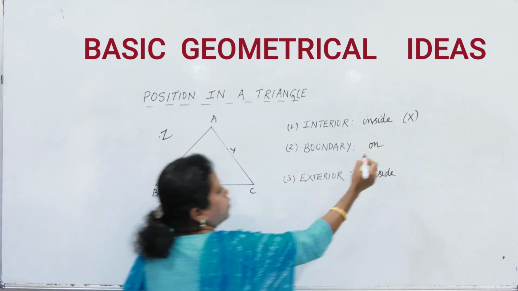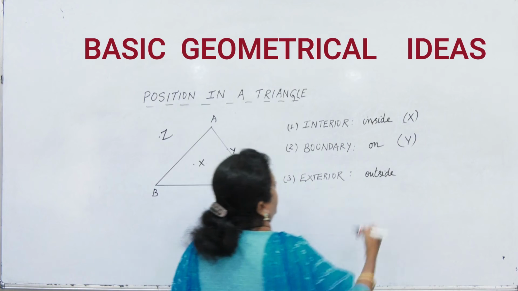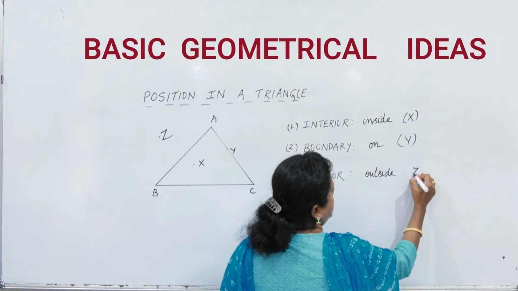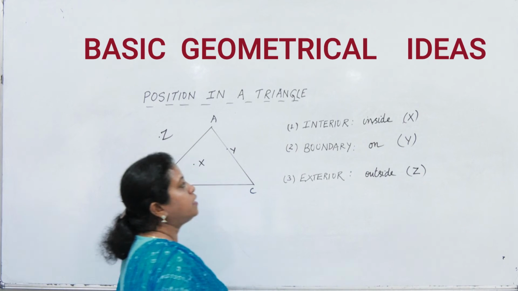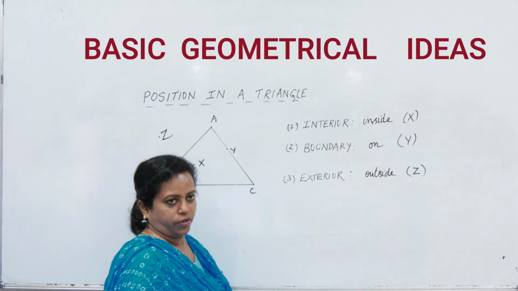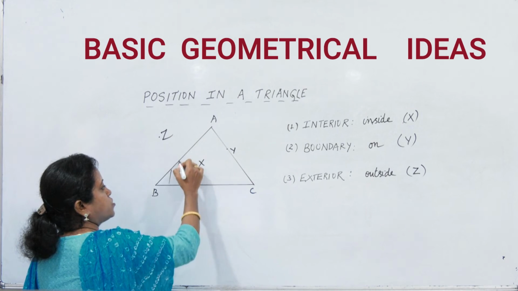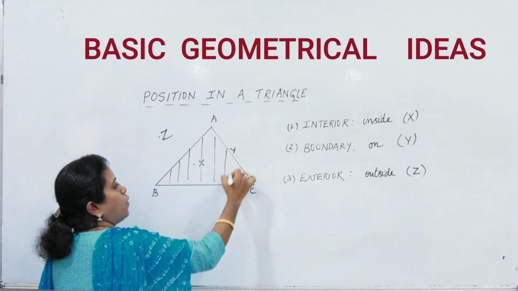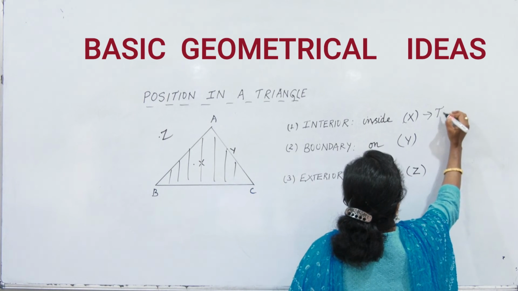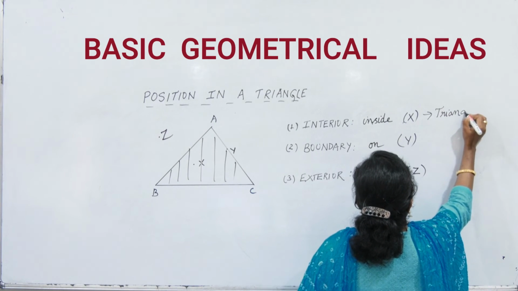It is the point Y. And which is in the exterior of the triangle, outside the triangle? It is the point Z. And the region that is interior and the boundary together is referred to as the triangular region.